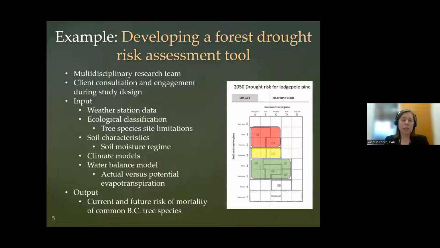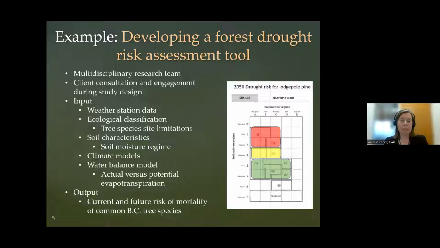So I'm going to give an example of how some of us are trying to integrate climate change into forest and natural resource management by telling you about a forest drought risk assessment tool that we've developed. I won't get into too much detail of the tool, but more just talk about the process using the tool as an example.